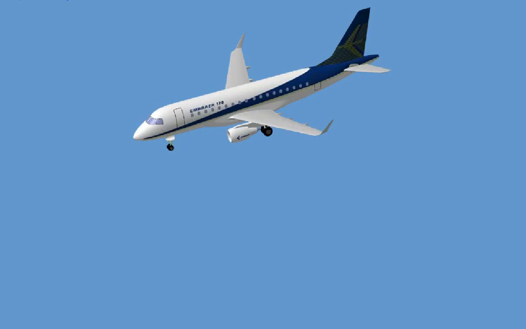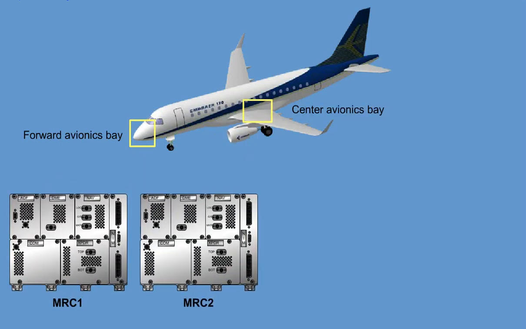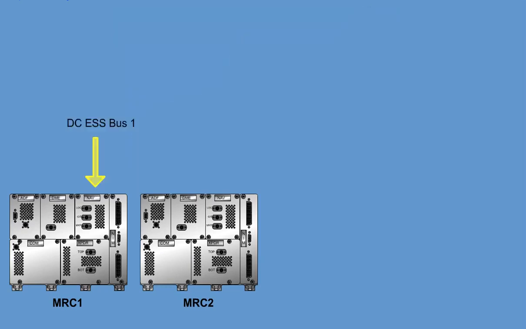The radio navigation system utilizes system modules housed in 2 remote-mounted modular radio cabinets. The DC Essential Bus 1 powers the MRC-1, while the DC Bus 2 via SPDA-2 powers the MRC-2.